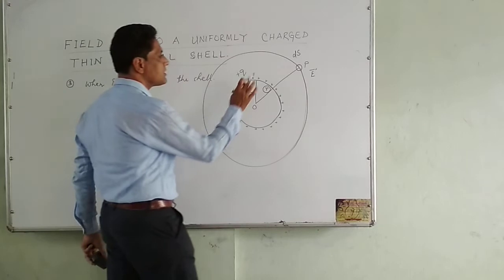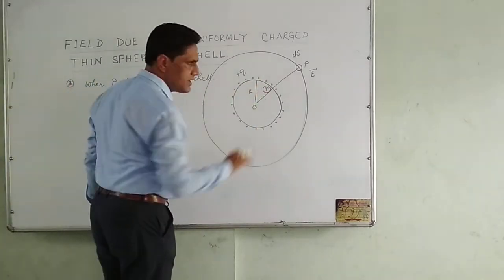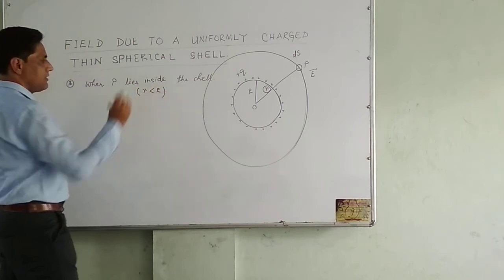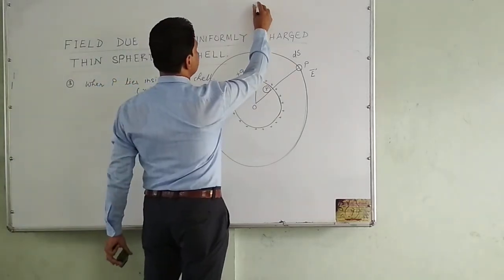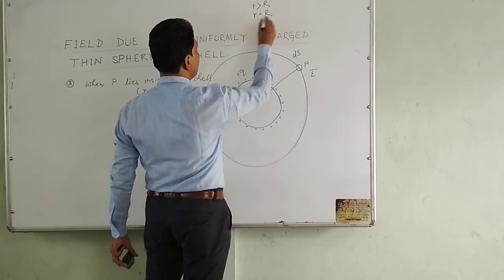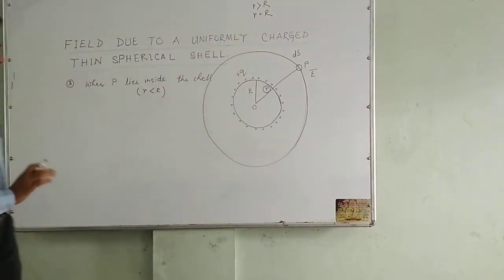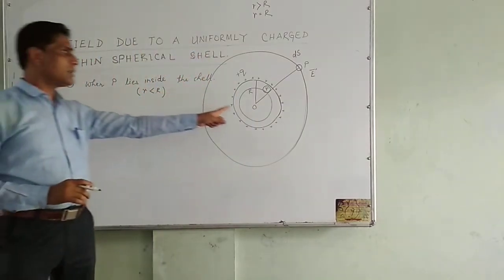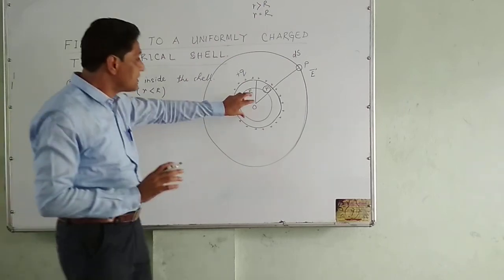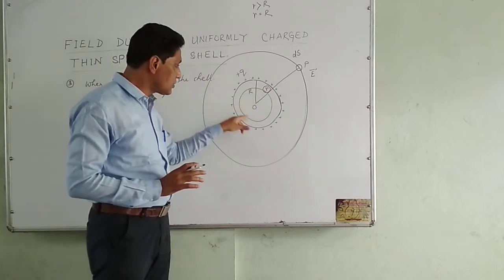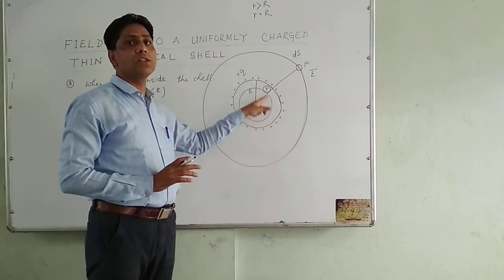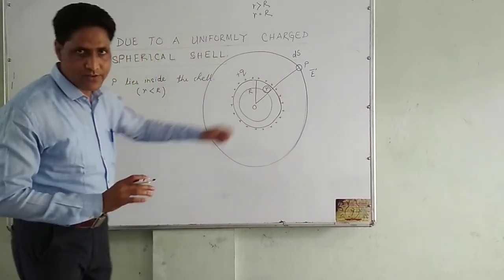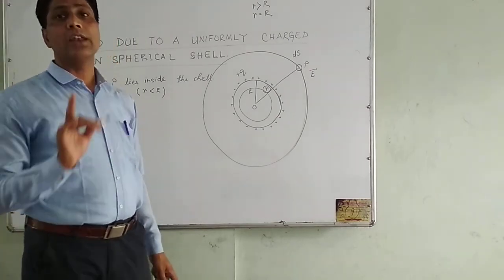In that case, we have to consider the observation point inside the shell, so we can consider any radius r less than R. Earlier it was r greater than R, then r equal to R, and now r is less than R. If you consider a Gaussian sphere inside, it will not enclose any charge, because all the charge of the spherical shell lies outside the Gaussian surface.